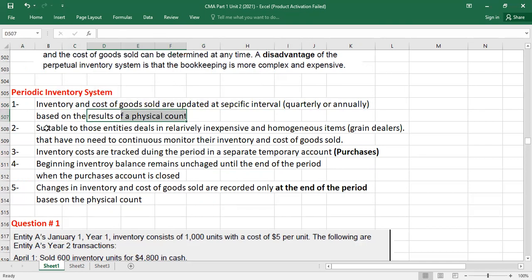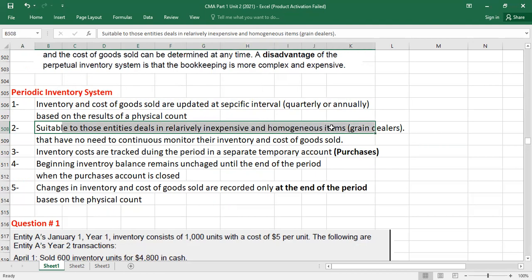This periodic inventory system is suitable for those entities dealing in relatively inexpensive or homogeneous items. For example, if you are selling tea or coffee, it's not an expensive item and it is not suitable to update your inventory record after each purchase or sale.